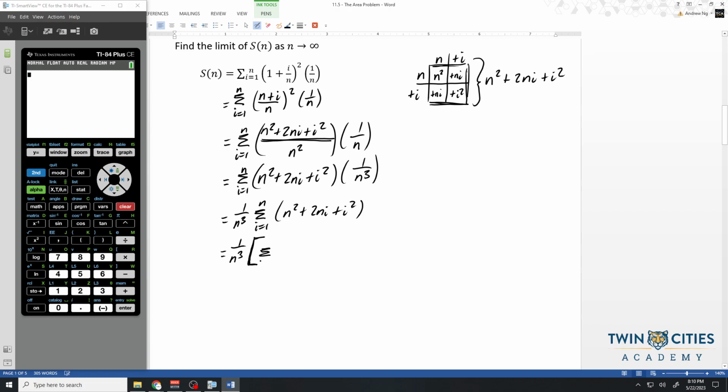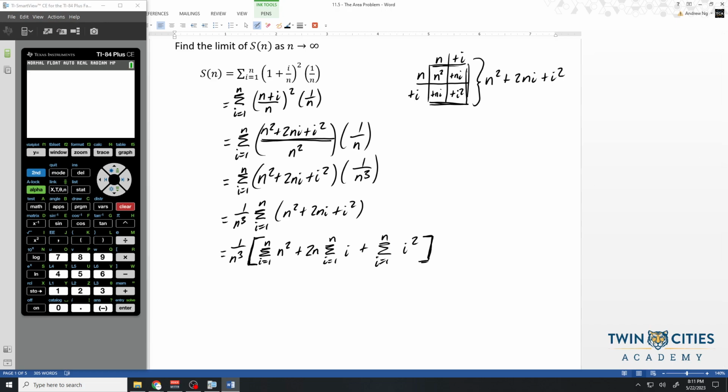The summation i equals 1 to n of n squared, plus 2n, again, just like 1 over n to the third was a number, 2n is just a number, so I'm going to bring that to the front of this summation, i equals 1 to n of i, plus the summation i equals 1 to n of i squared.